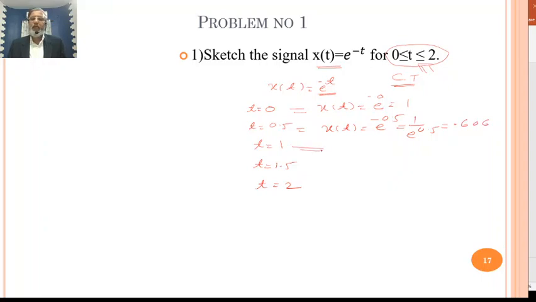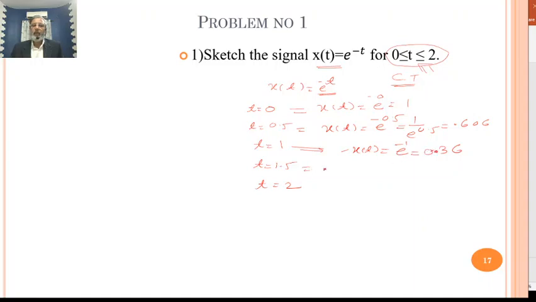Then for t equals 1, x of t equals e raised to minus 1, and this is 0.36.